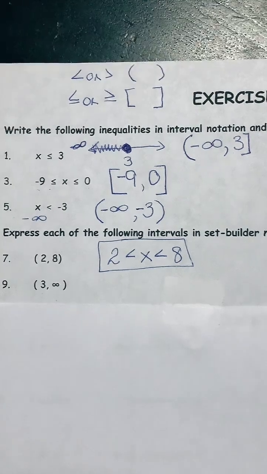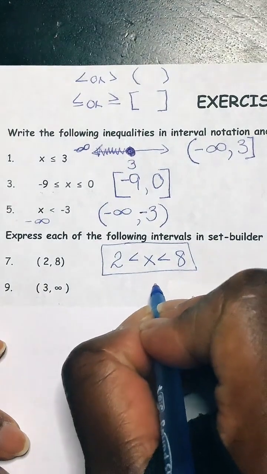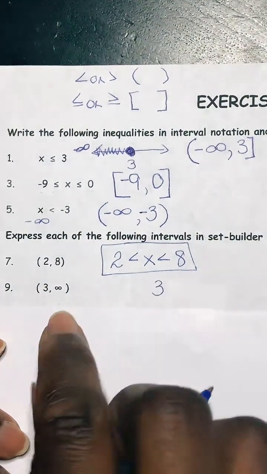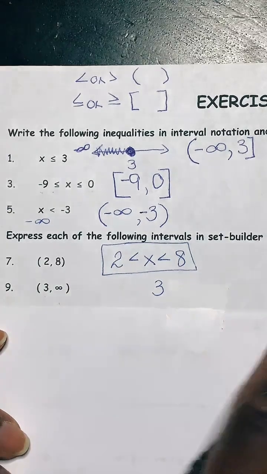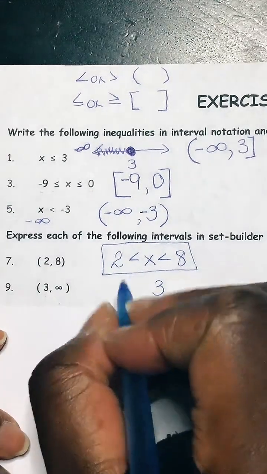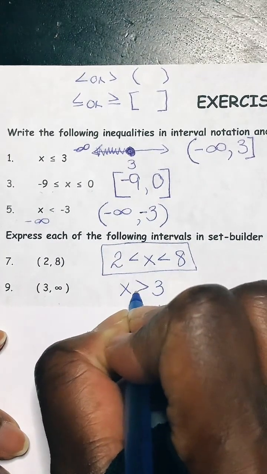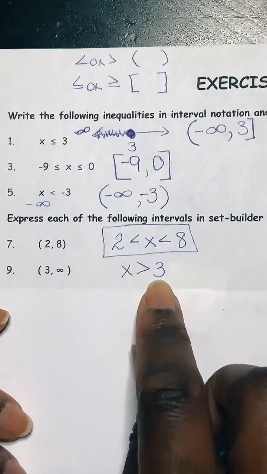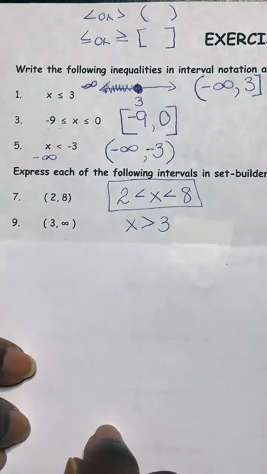All right. So, we're talking about 3. It's going to be greater than, so it's going into the positive direction. That means my x value is going to be greater than 3.